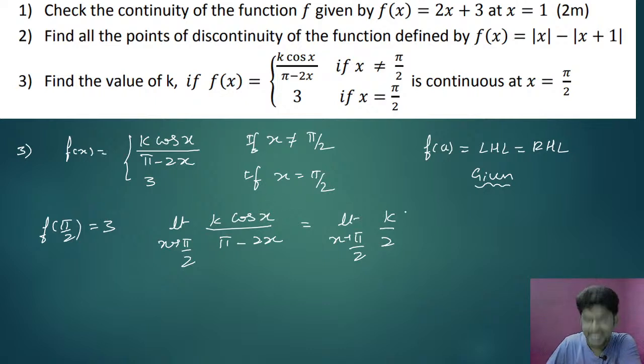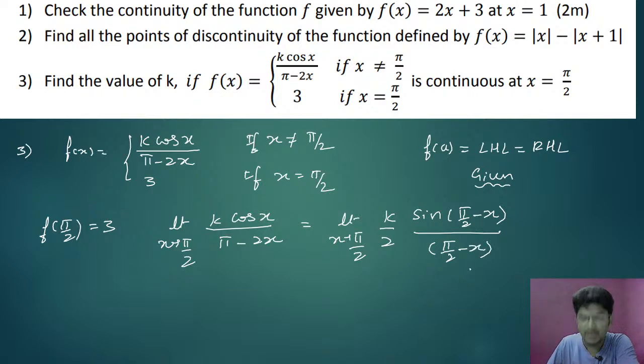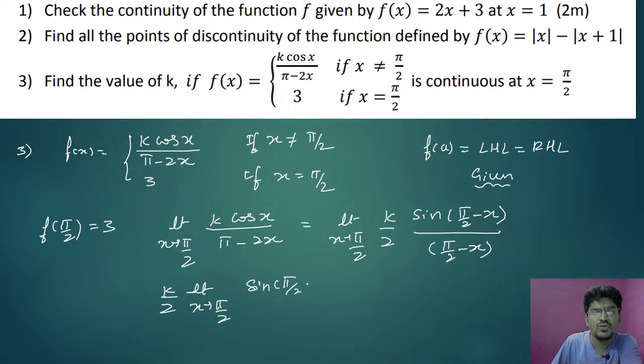Cos x we can write as sine of pi by 2 minus x. If you take 2 as common, it will be pi by 2 minus x. So now k by 2 into limit x tending to pi by 2 of sine of pi by 2 minus x divided by pi by 2 minus x.